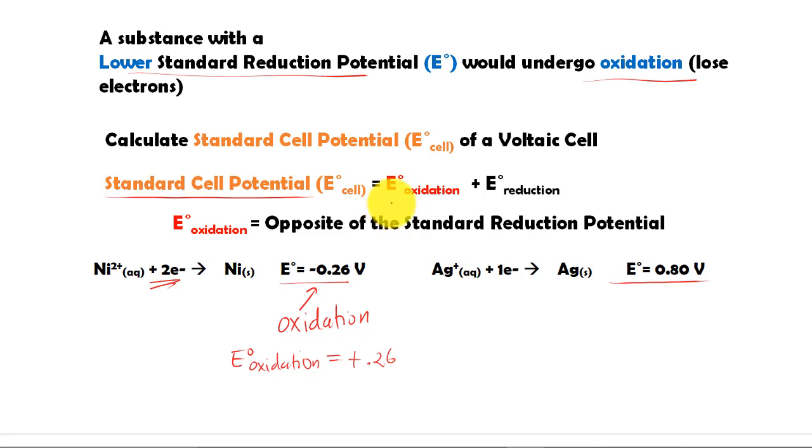According to the equation, it is equal to the standard oxidation potential plus the standard reduction potential. So our oxidation is right here, which is 0.26, and then our reduction stays the same, so we add that to 0.8, and that gives us 1.06 volt. And there you go. That is our standard cell potential for these two half cells.